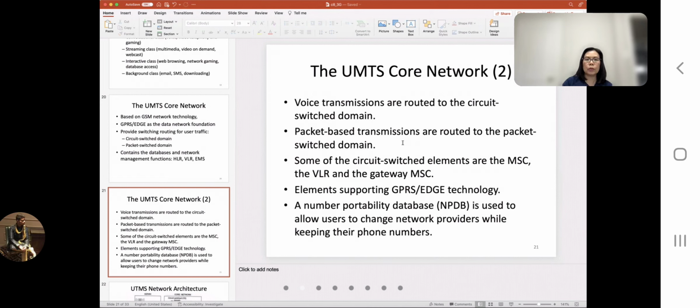The packet-based transmissions, or data, are routed to the packet switch domain. That's obvious, right? And some of the circuit switch elements are the mobile switching center, the VLR, and the gateway mobile switching center, as we've seen before.